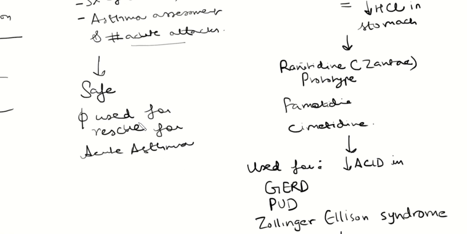It's actually pretty safe. The big thing to understand and educate the patient on is it is not used for rescuing an acute asthma attack. So if they're having an acute asthma attack, this is not the drug to give.